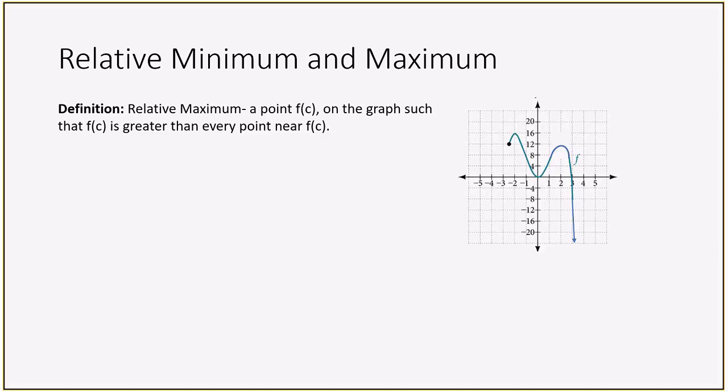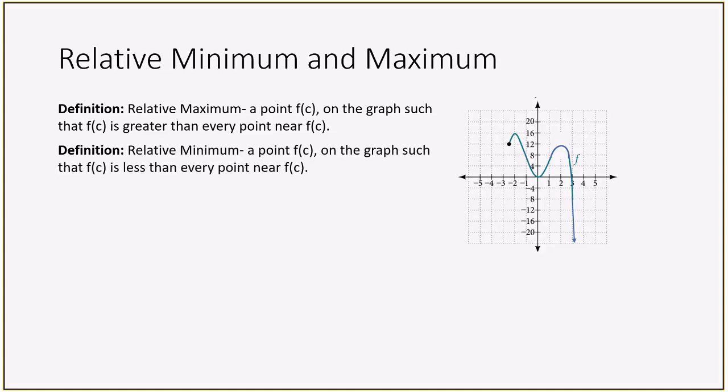It's more we're looking at hills or valleys, and what's the top point of each hill? Well, that's going to be your relative maximum. Very similar definition, your relative minimum is that everything around it, very close to it, is going to be bigger than that point. That's not to say that it's the smallest point on the entirety of the graph, but it's the smallest point in its small neighborhood.